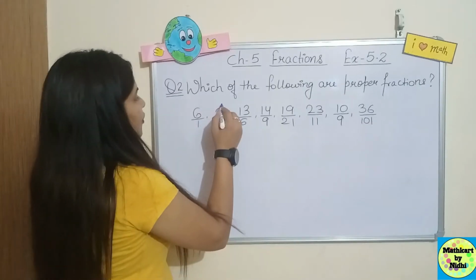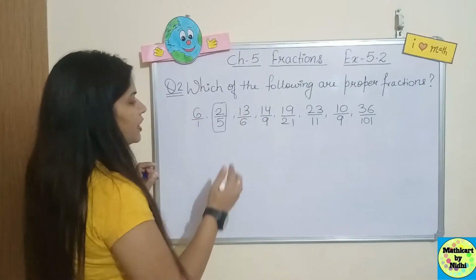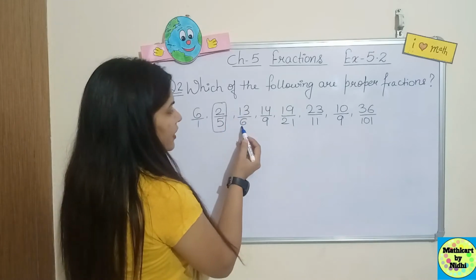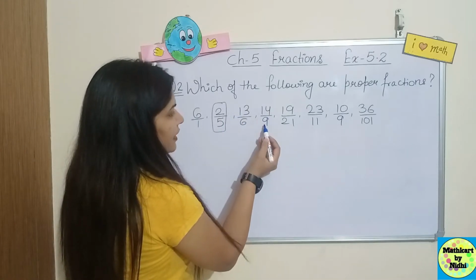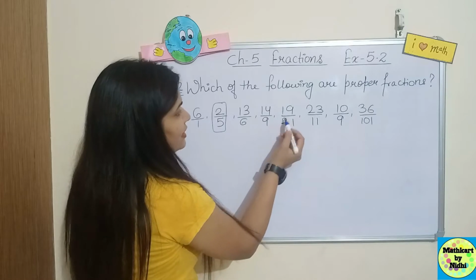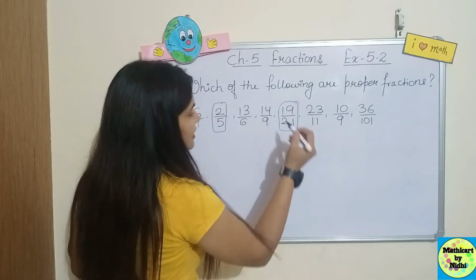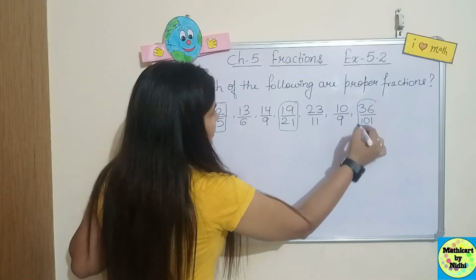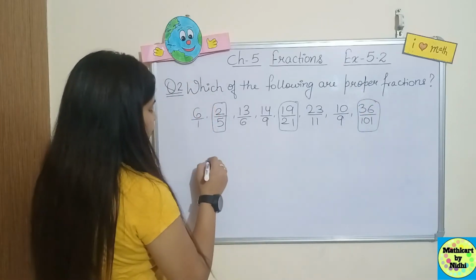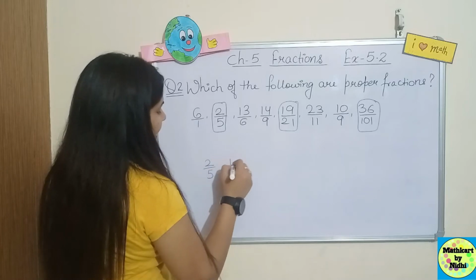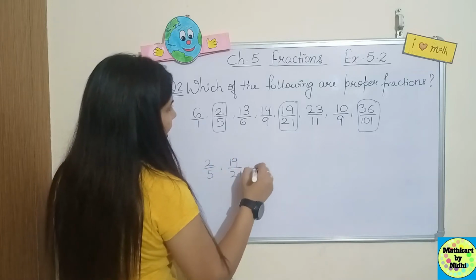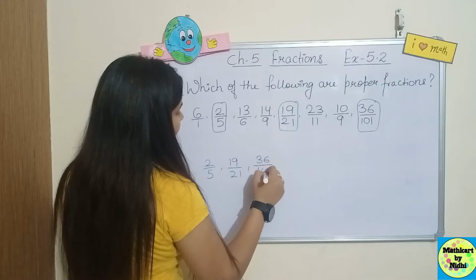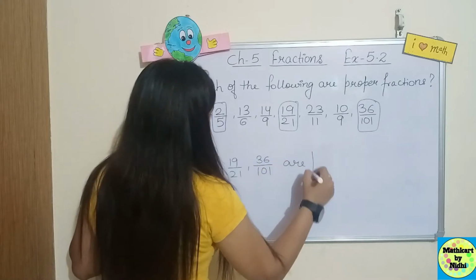I am circling the proper ones. 13. Is the numerator bigger than the denominator? No. Is the numerator smaller than the denominator? Yes, it is. So here 2 by 5, 19 by 21 and 36 upon 101 are proper fractions.